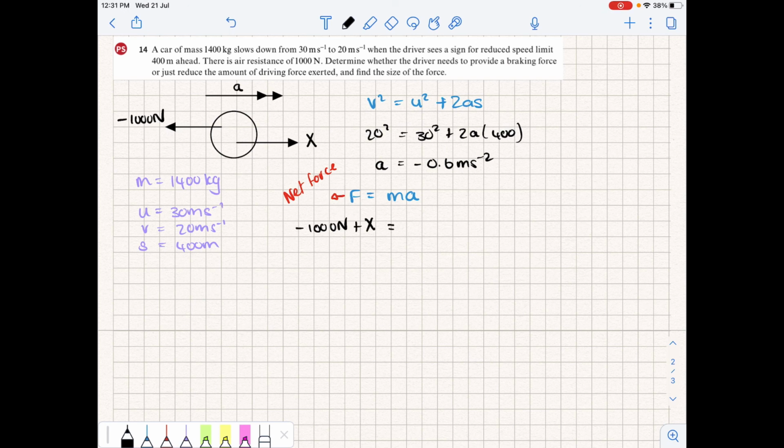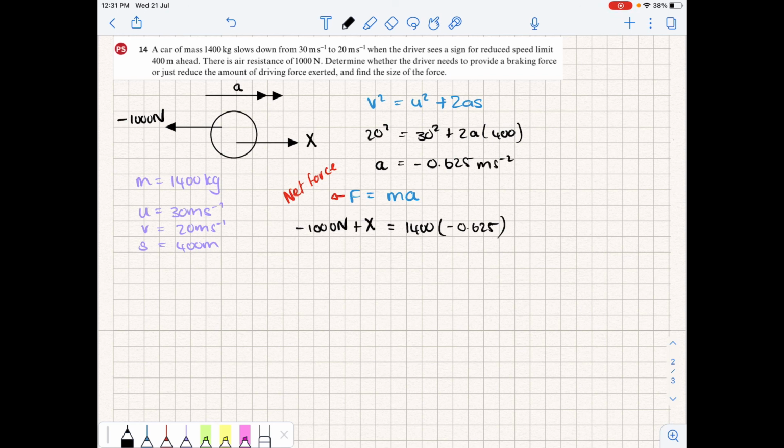We know that these two forces are equal to the mass times acceleration of the vehicle. So this is 1,400 multiplied by minus 0.6. Right. I just had a brainwave that 5/8 is 0.625, not 0.6. Right. And this is meters per second squared.